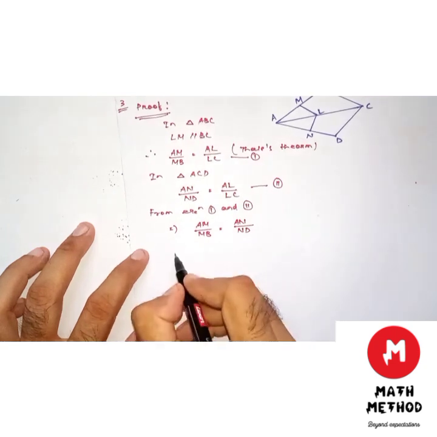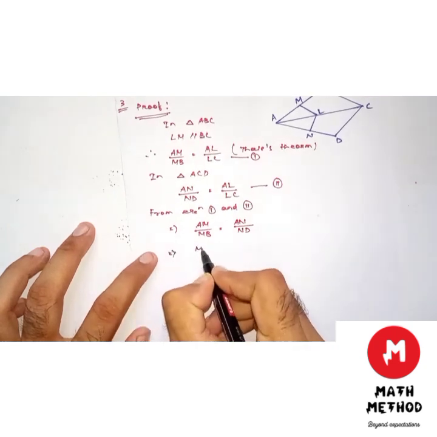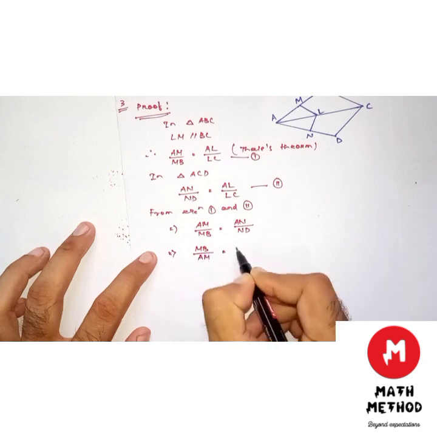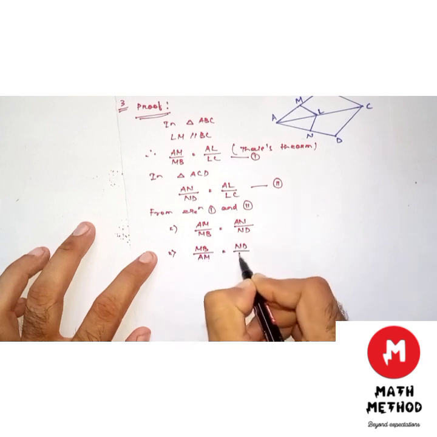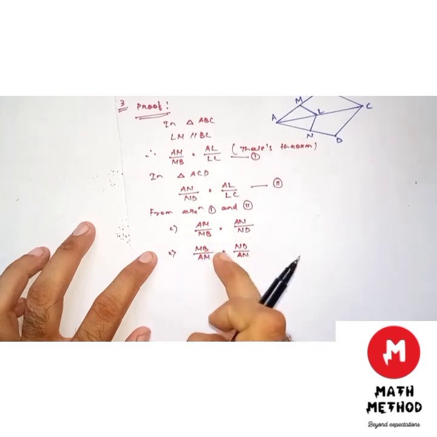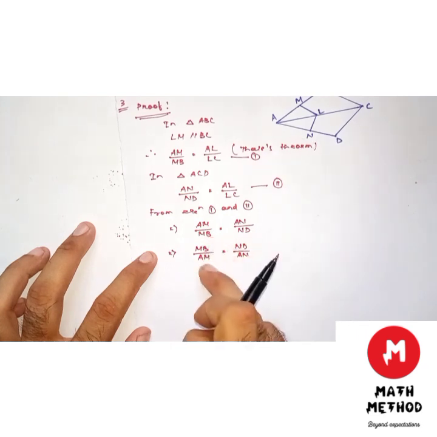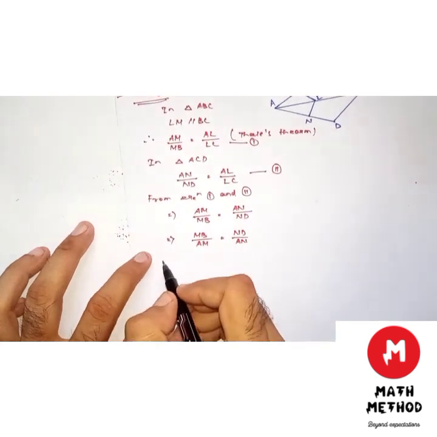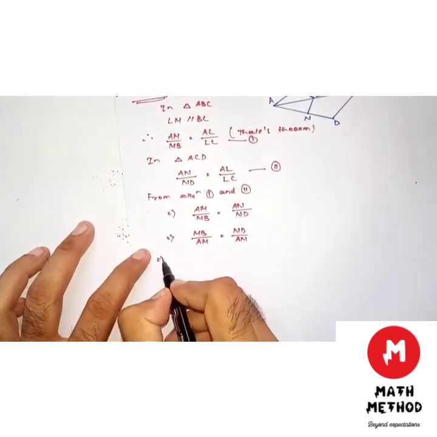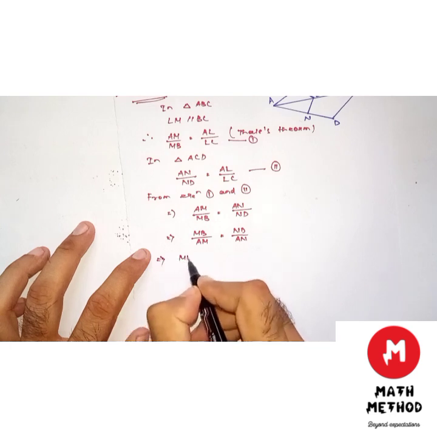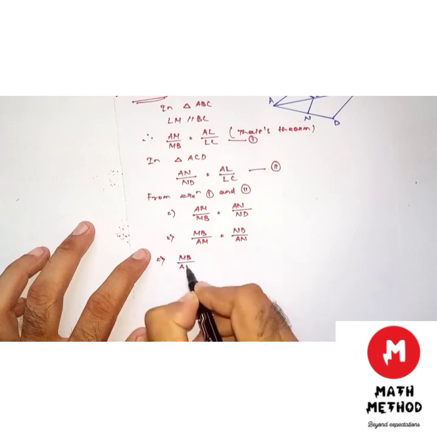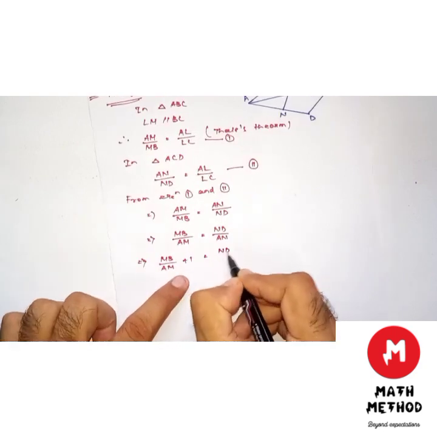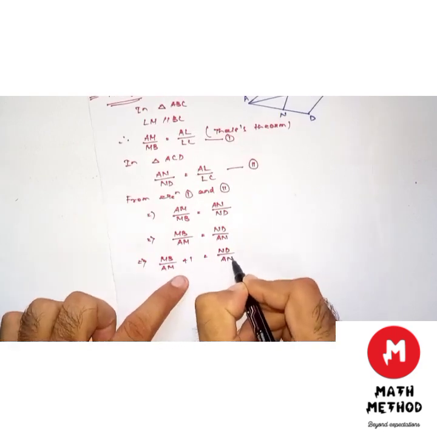Now reverse it, implies MB upon AM is equal to ND upon AN. Make denominator to numerator and numerator to denominator on both sides, LHS and RHS. Now add 1 to both sides, implies MB upon AM plus 1 is equal to ND by AN plus 1.